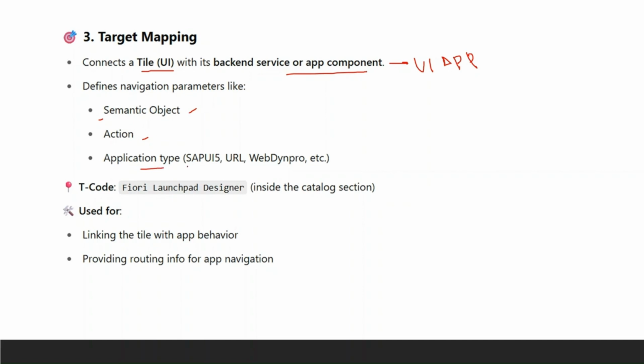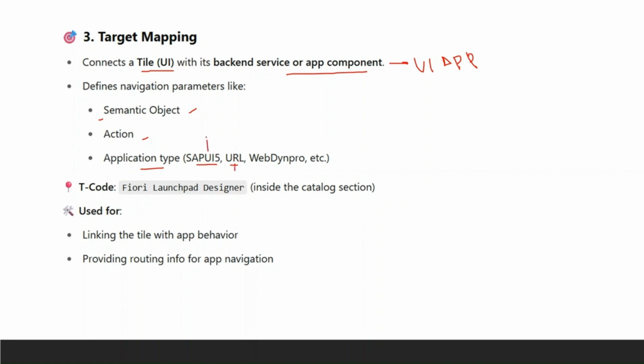There is a drop down called application type. There we need to show what kind of application it is. Is it a direct URL you want to open? Whenever the user clicks on the tile, the application is rendered in a new tab, whether it is loaded directly from the URL or from SAP UI5.